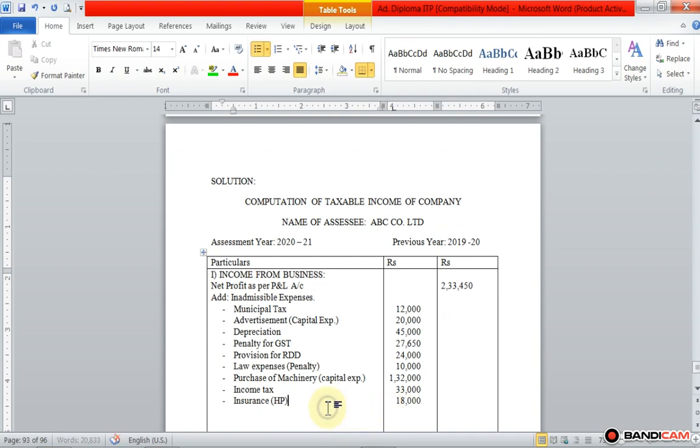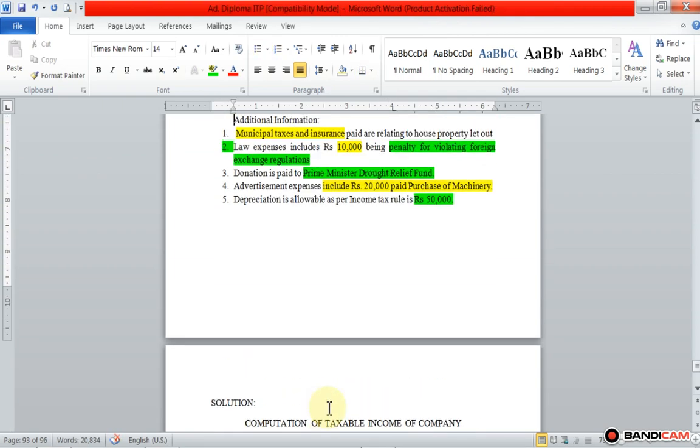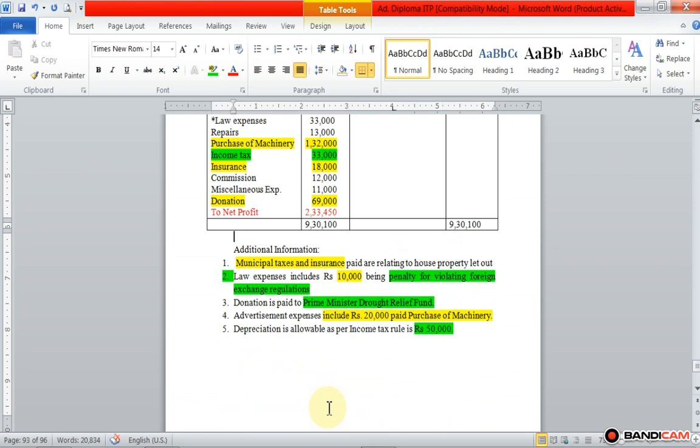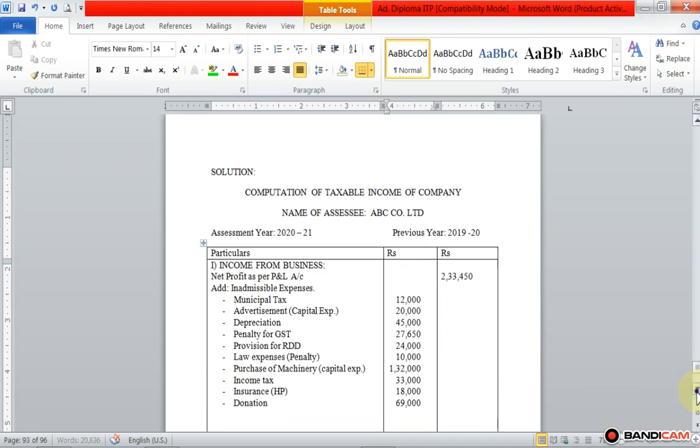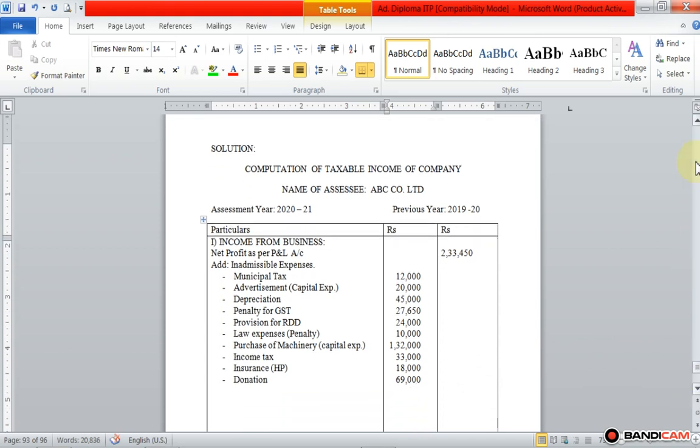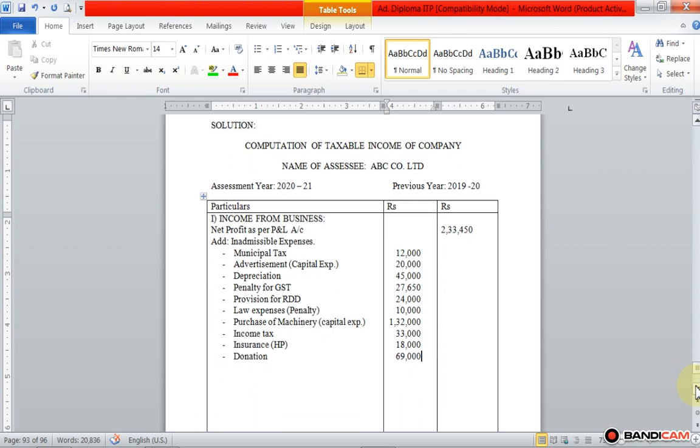Then donation 69,000. Okay, so here we have taken into consideration all the disallowed expenses of the company.